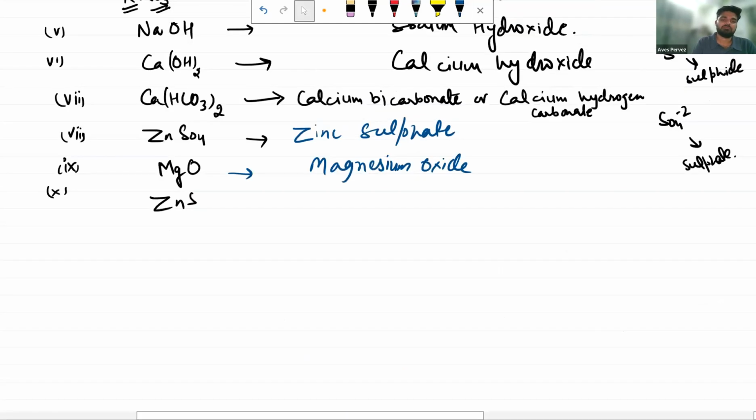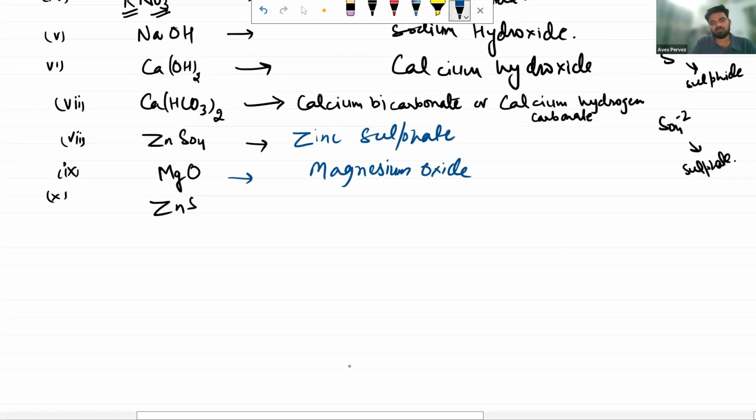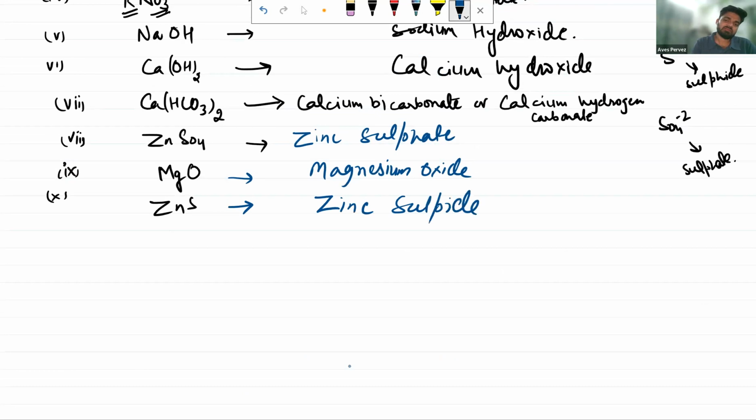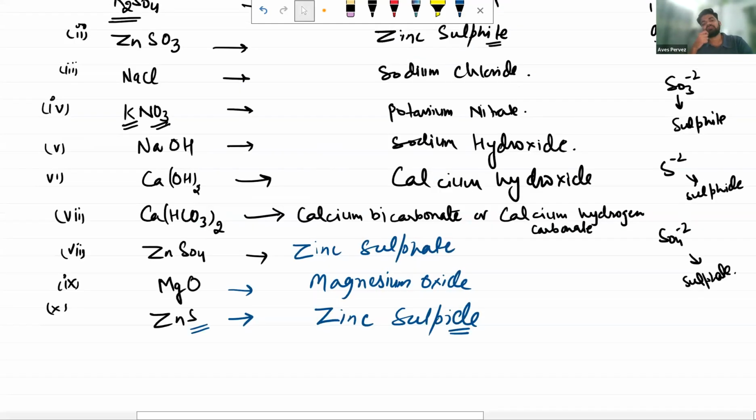What's the name for this one? Zinc sulfide. IDE. For single atoms, we use IDE, for negatively charged species. Okay. Understood? Everybody, have you noted these?